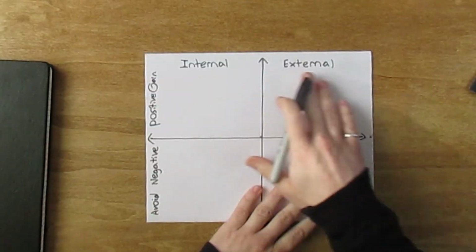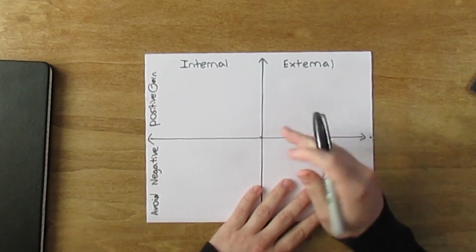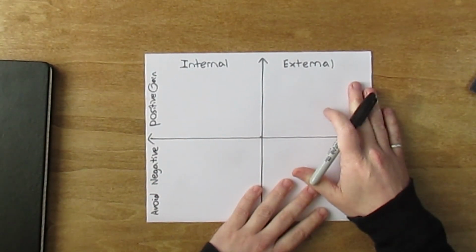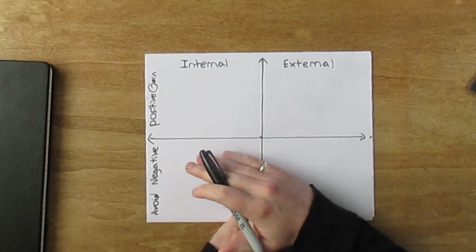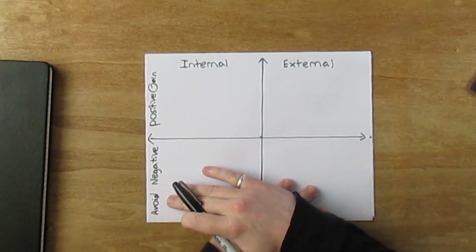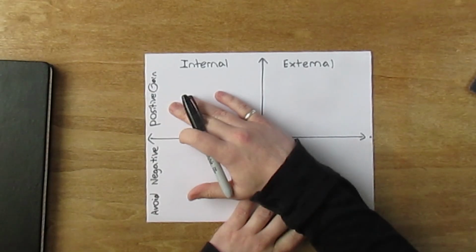Different people use a similar thing in different places and they call the axes different things. But the way I've set it up here, I think works particularly well for the motivations of fictional characters. So these axes are the source of motivation, whether it's internal or external to the character, and whether the motivation is driven by the avoidance of something negative or the gain of something positive.